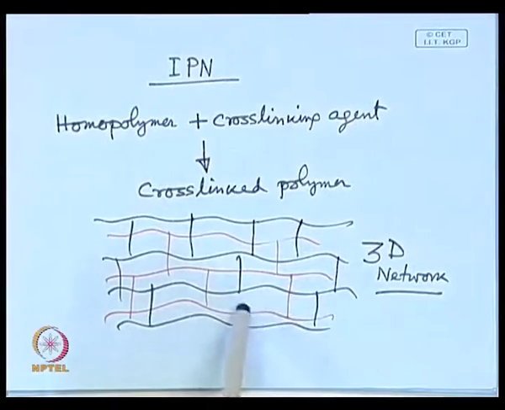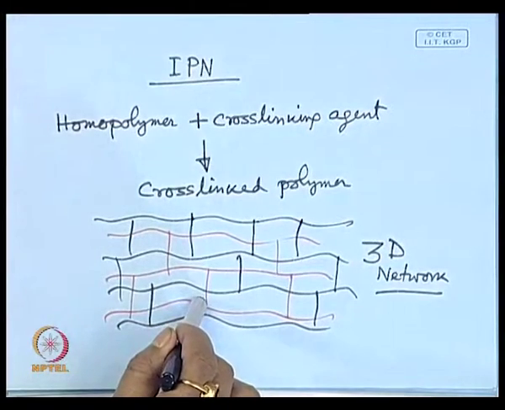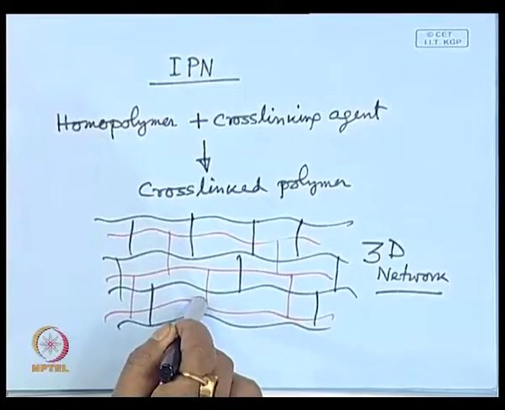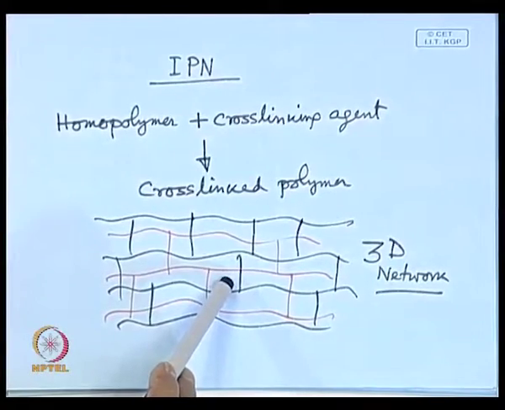There is a lot of space available inside, so you have incorporated the monomer and allowed the polymer to grow inside this gel. The second polymer is grown there, then you add a cross linking agent which will specifically cross link the second polymer. So, you will get two interpenetrating 3D networks.